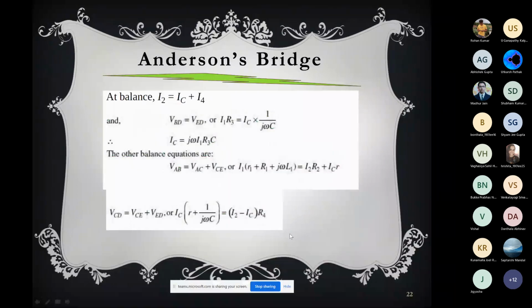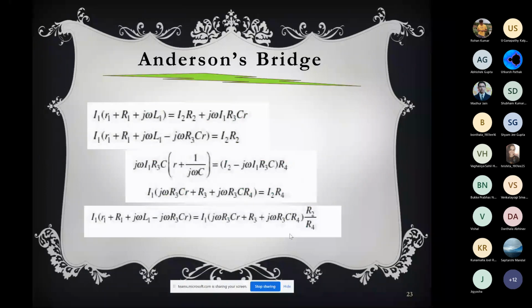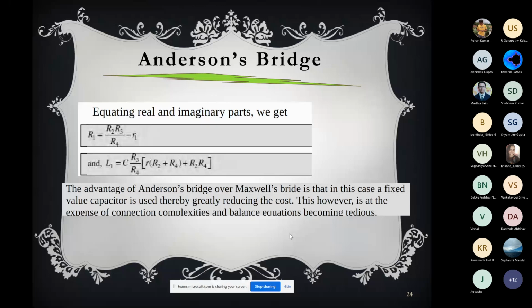If you see all these conditions written together, then with a little manipulation, ultimately by equating real and imaginary parts, we get capital R1 equals R2 R3 over R4 minus small r1. What is capital R1? Capital R1 is the resistance of the inductance. As you know, if you want to make an inductance, some resistance will come because you will be winding a coil to make the inductance.